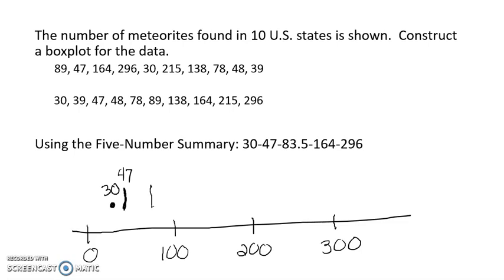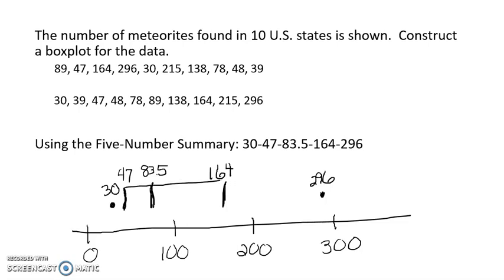I'm just going to estimate here, somewhere along in there. 83.5, another vertical bar. And then at 164, kind of estimating here. Sketch that in. And then a point at 296. It's probably a little bit closer than that, but anyway, it gives you an idea.